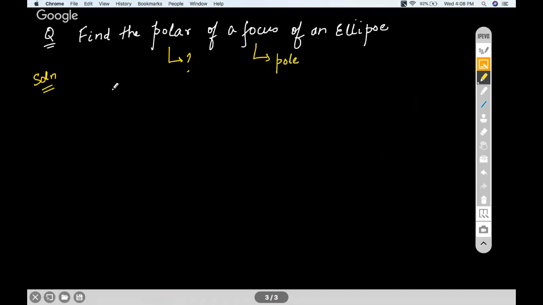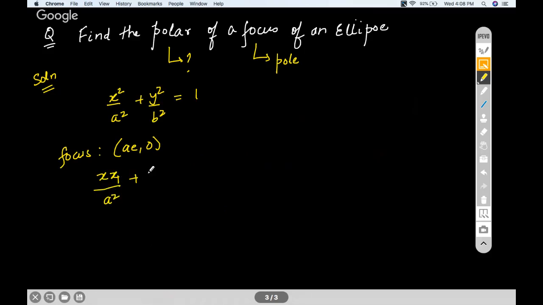All right, so pretty simple. Let's say this is the equation of the ellipse, and we are trying to find out the polar of the focus. The focus is at, let's say, (ae, 0). So T equal to 0. First of all, this is the expression for T, and here we'll be putting our x1 as ae and y1 as 0.